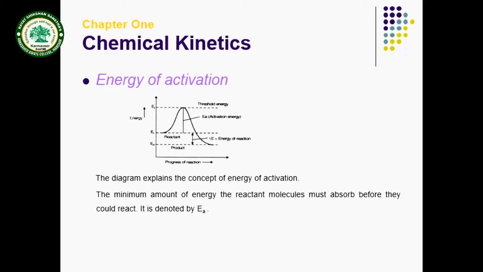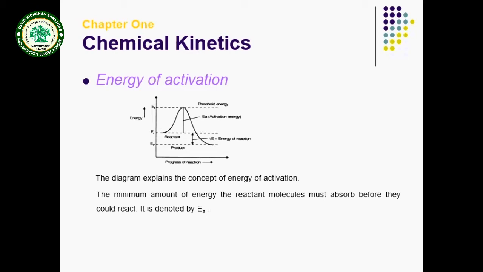And the difference between EP and ER is delta E, the energy of reaction. It may be represented by delta E or by delta H, that is heat of reaction or energy of reaction.